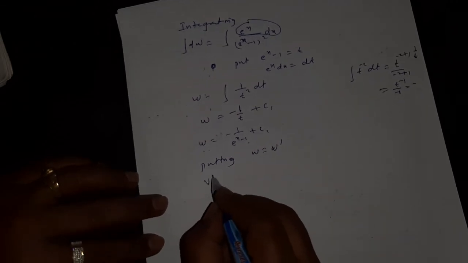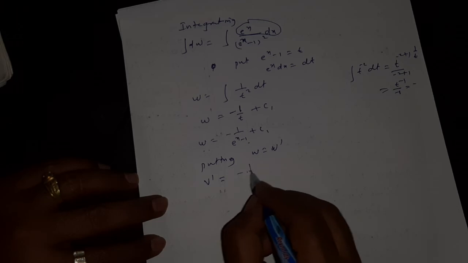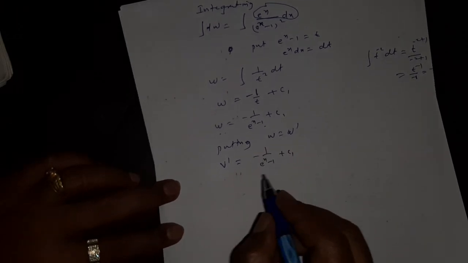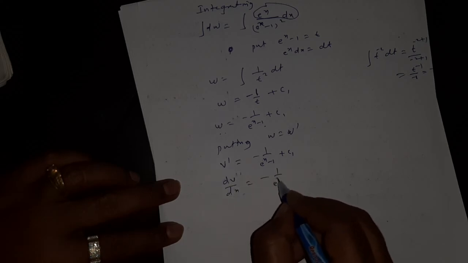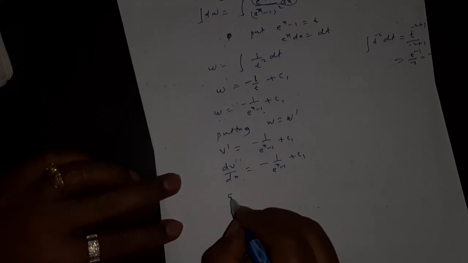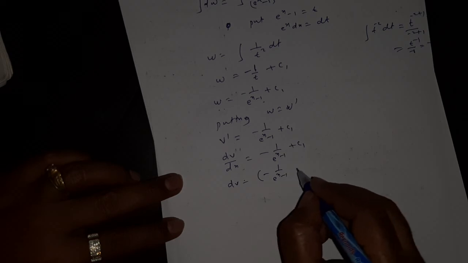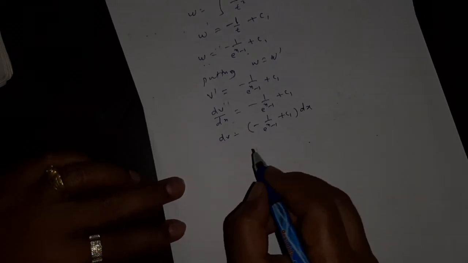What do we get? v dash is equal to minus 1 by e raised to x minus 1 plus c1. So what is v dash? v dash means dv by dx. So separate the variables: dv is equal to this, shift this dx, and then integrating.